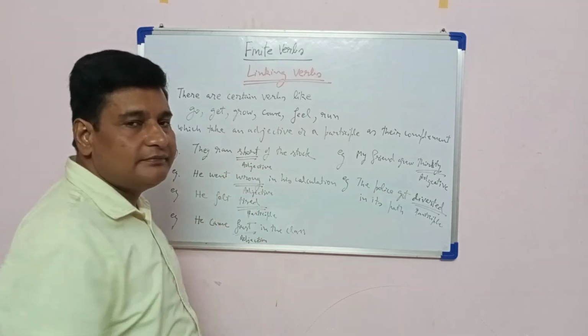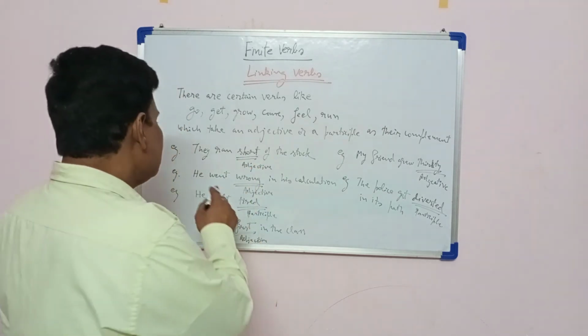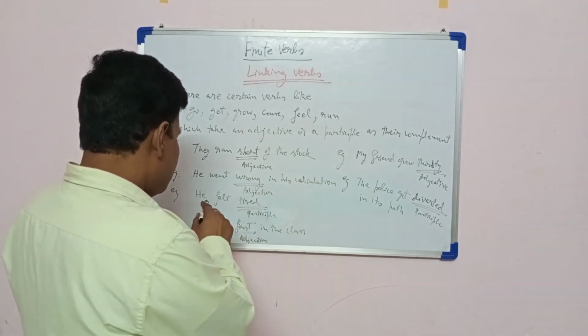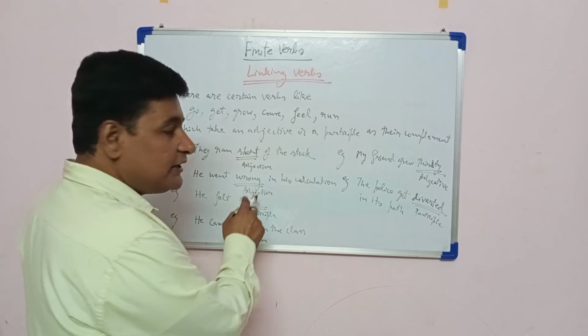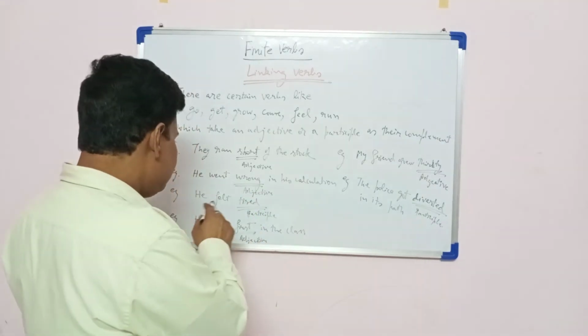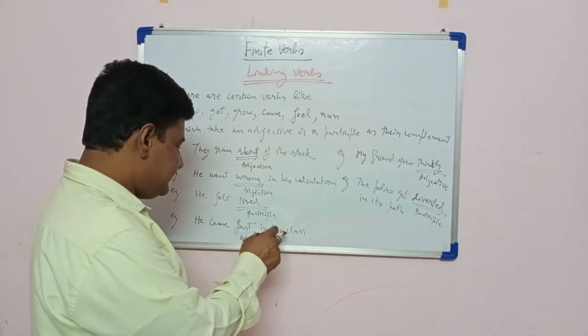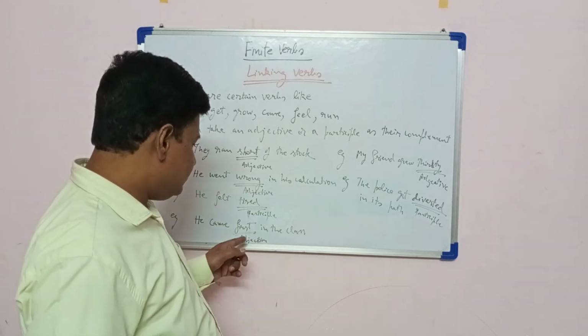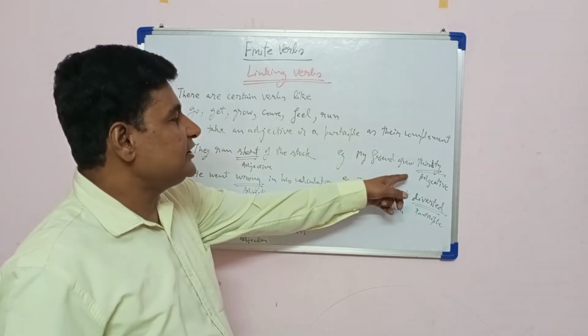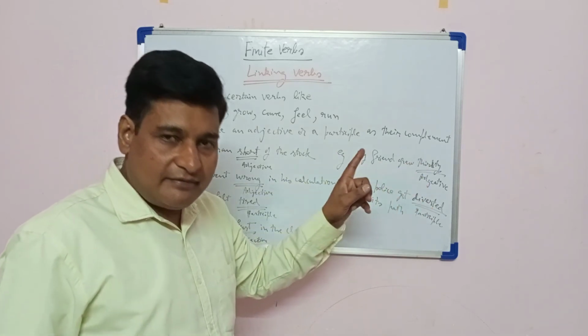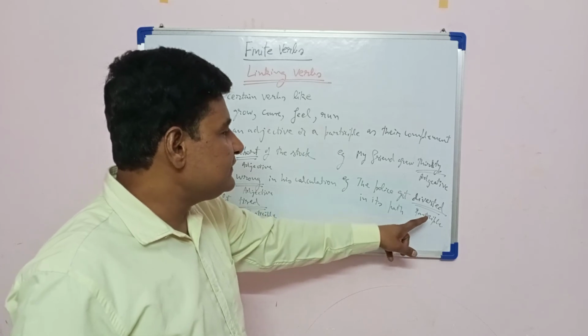Short is an adjective. He went wrong in his calculation. Wrong is also an adjective. He felt tired. This is a participle. He came first in the class. First is used as an adjective. My friend grew thirsty. Thirsty is the adjective. The police got diverted, and here it is a participle.